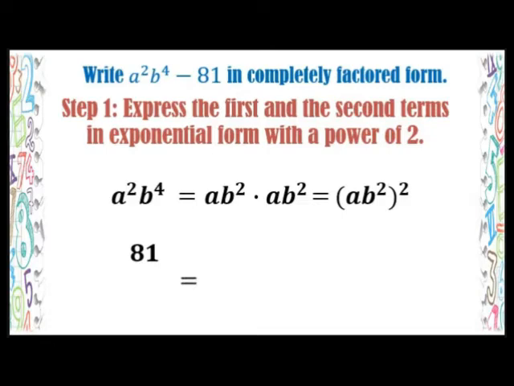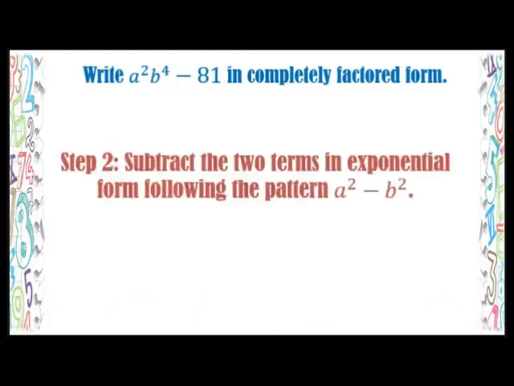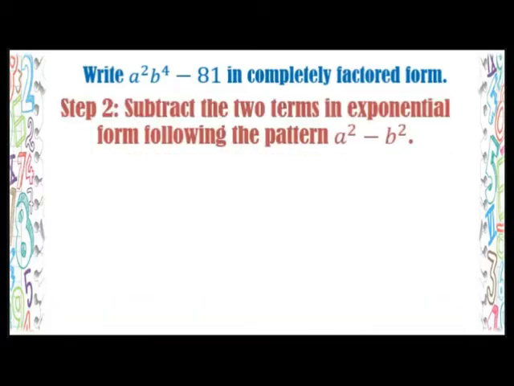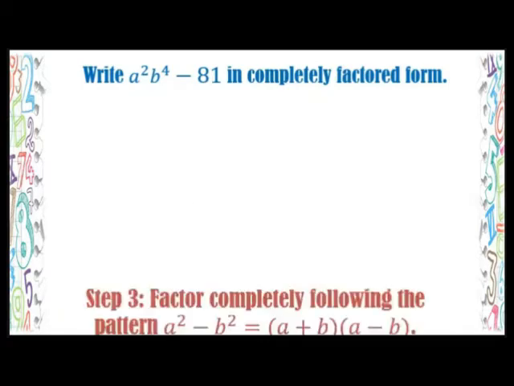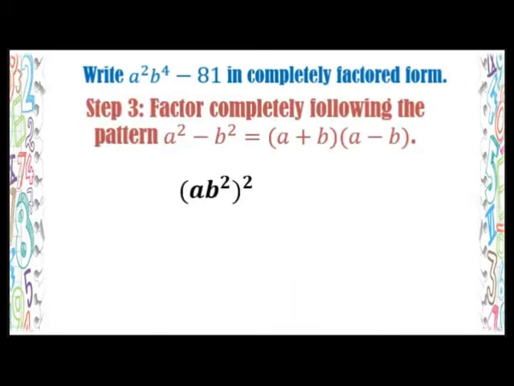We have 81, that's 9 times 9, or the square of 9. Step 2. In the form a squared minus b squared, we have now the square of ab squared minus the square of 9. So from step 2, we will derive the two binomial factors.